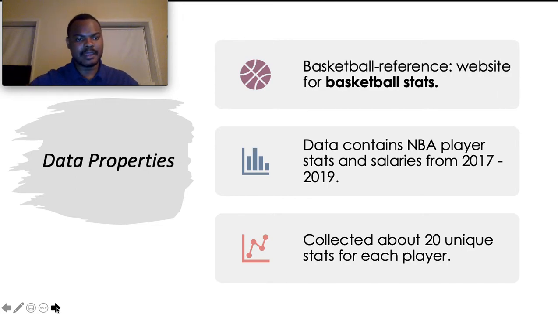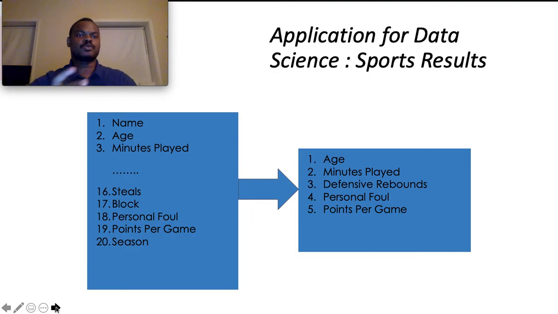But what if we can find a way to take those 20 stats and actually reduce them to about 5 statistics that they can improve on? Then you have actionable steps that they can take. And in there, what we figured out is that we can actually do this using machine learning. So I was able to take the 20 unique statistics of the player and reduce that to 5.